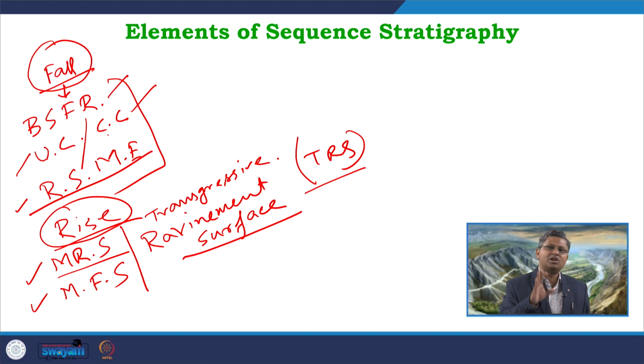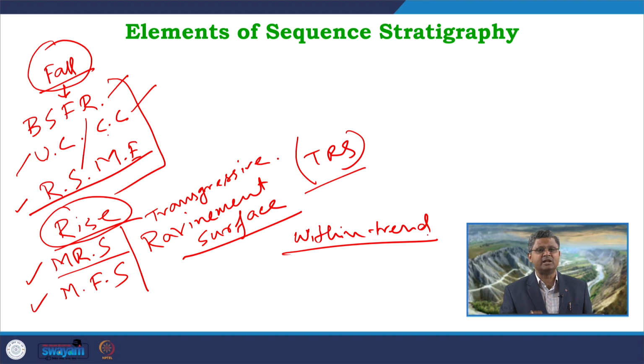There are 3 different types of these minor surfaces, which we call within trend contacts: within trend normal regressive surface, within trend forced regressive surface, and a simple flooding surface which is associated with transgression. Again, we will discuss these minor surfaces in detail in later classes.